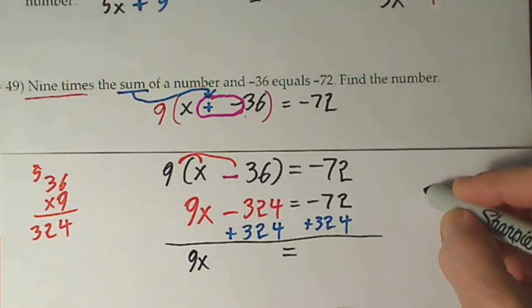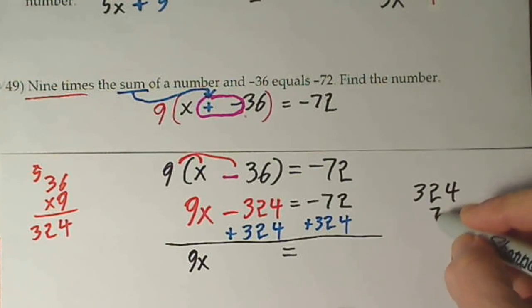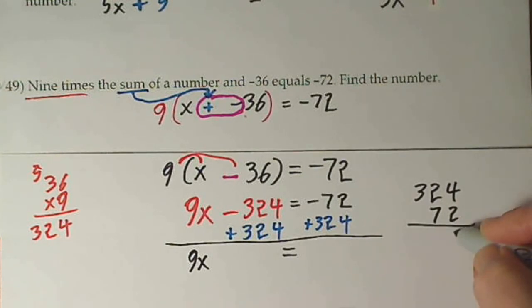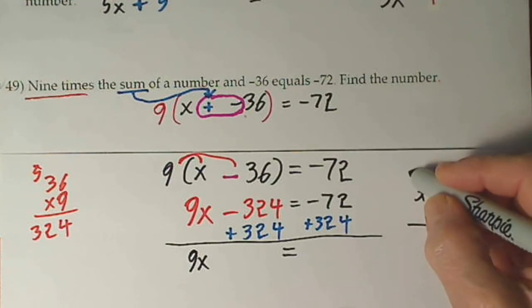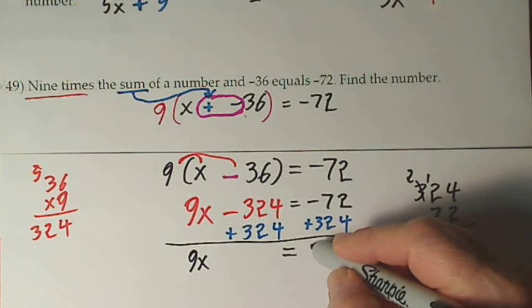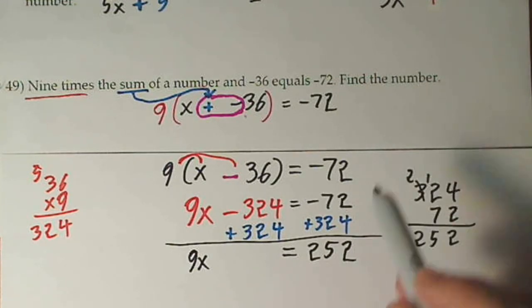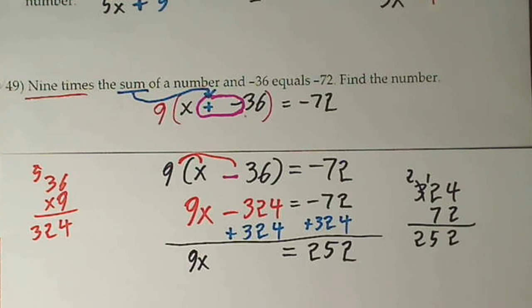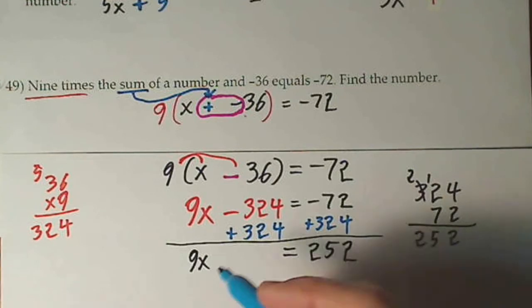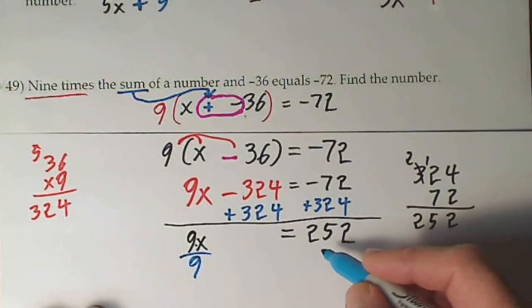Here to do this computation, of course the larger number has to be on top. So 252. Alright, so we want to get rid of the 9. It's held there by multiplication. The opposite operation is division.